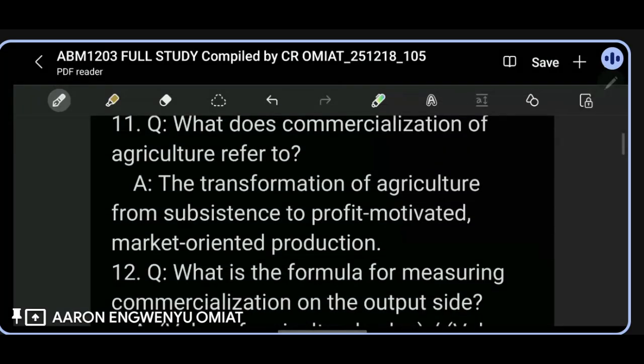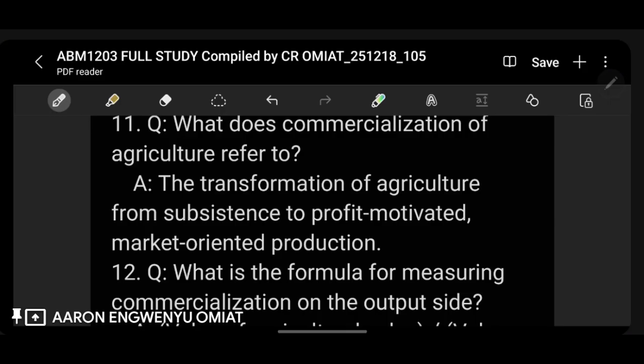Agaton, what is the formula for measuring commercialization on the output side? Yes, Agaton? The formula for measuring commercialization. Let me try. I'm not sure. Feel free.